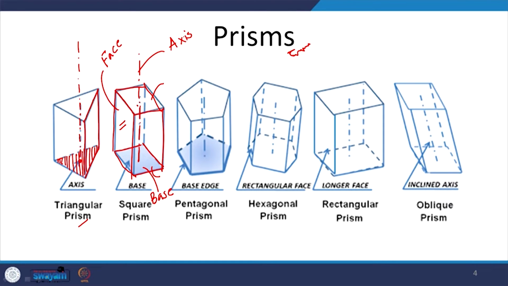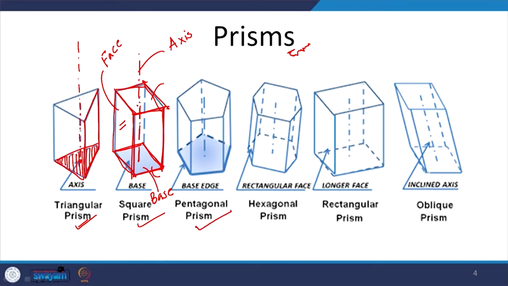So what do we see here? We have a triangular prism. Now what does a triangular prism mean? It has a triangular base and it has 3 rectangular faces because it is a triangular base and an axis. A square prism has a square as a base and each of its faces is again rectangular and goes and meets another square at the top.